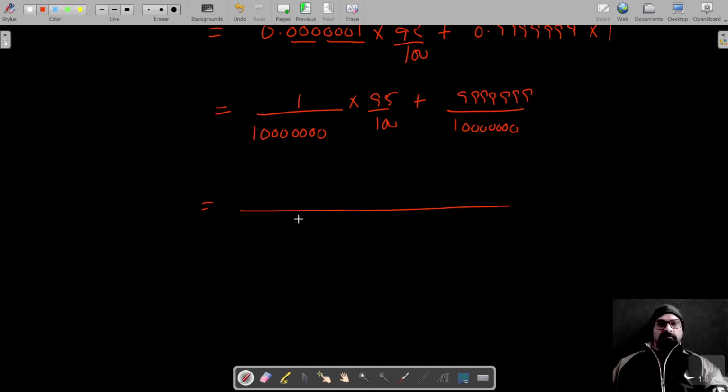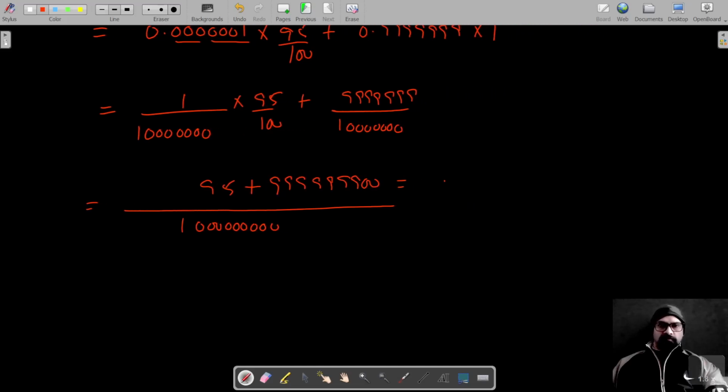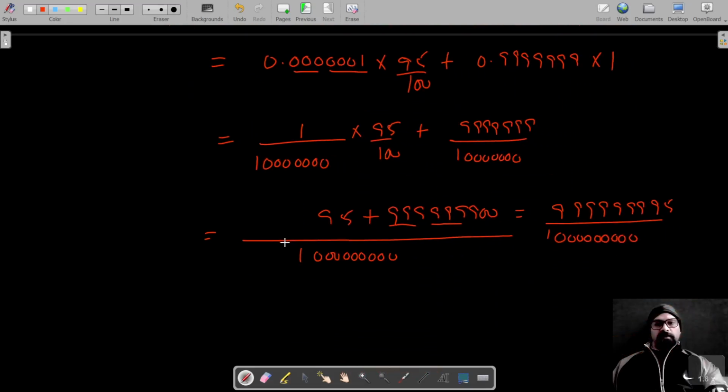Now our LCM would be 1 with 9 digits, which gives me 95 plus 99999 with 2 zeros, so that is equal to 99979 with 95 upon 1 followed by the 9 digits. So this is the probability of A.